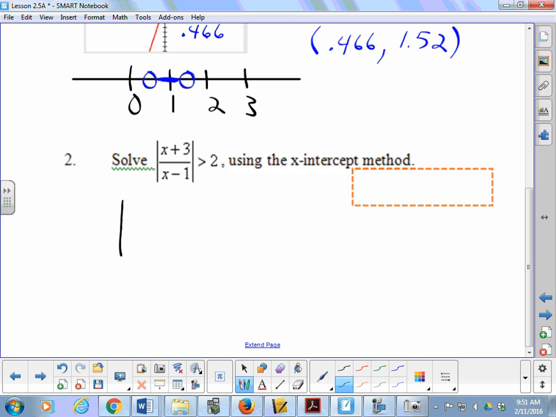So we have the absolute value of x plus 3 over x minus 1, minus 2, is greater than 0. So now all we're doing is looking for what? The x-axis. Okay, when it intersects the x-axis and then above that.